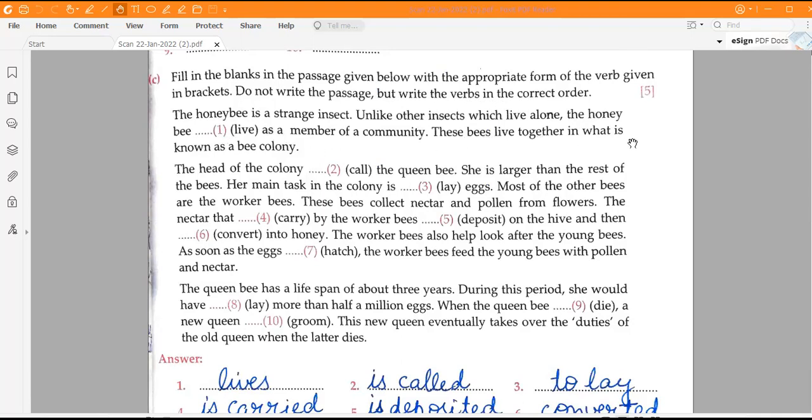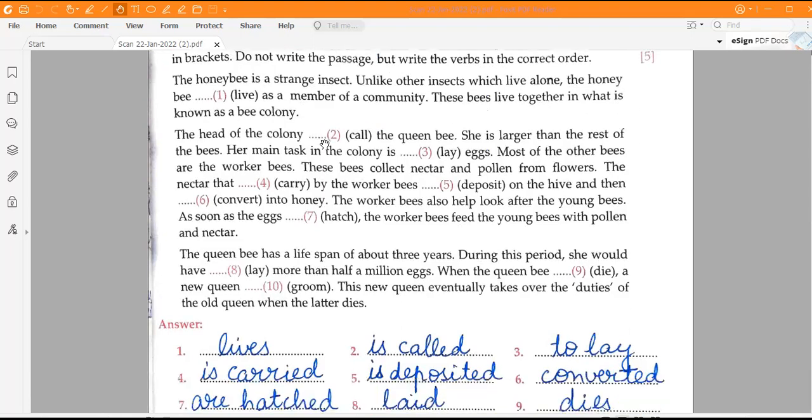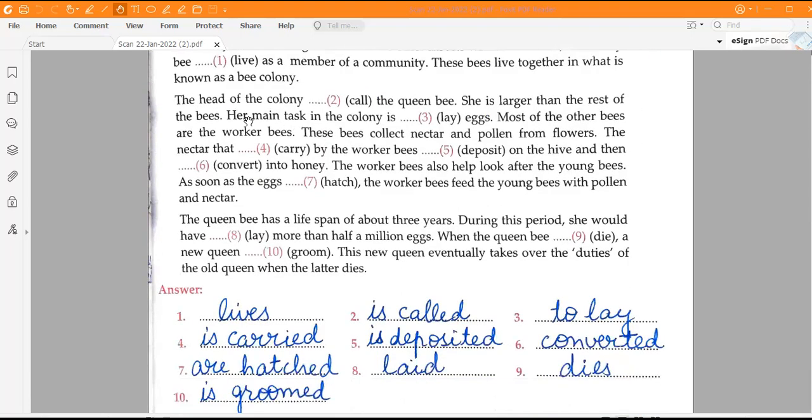These bees live together in what is known as a bee colony. The head of the colony is called, the answer to the second blank is called the queen bee. She's larger than the rest of the bees. Her main task in the colony is to lay. The answer to the third blank is to lay eggs.